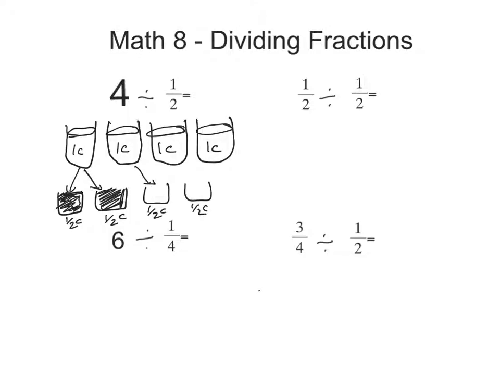The next cup would also fill 2. The next cup would also fill 2. And finally, sorry about my drawings, they're not really great, but hopefully they show you. Okay. So we end up with how many half cups?